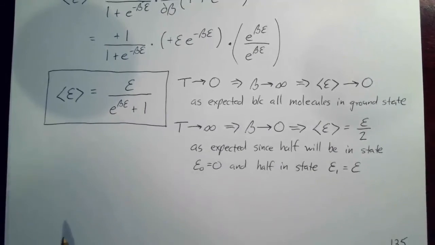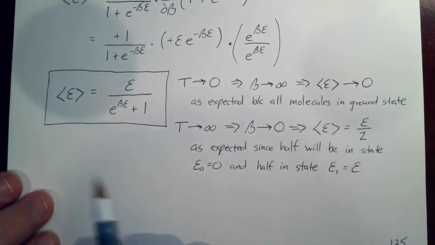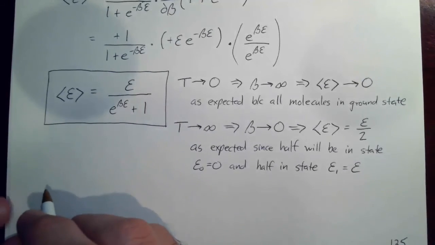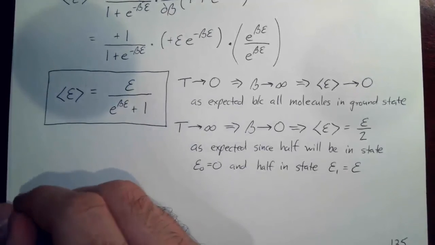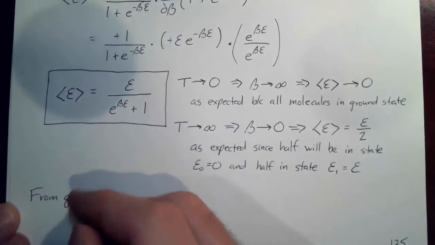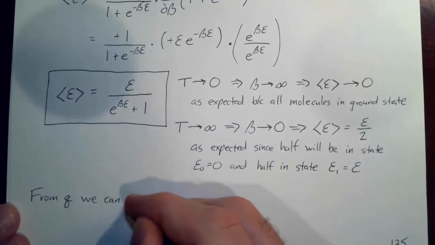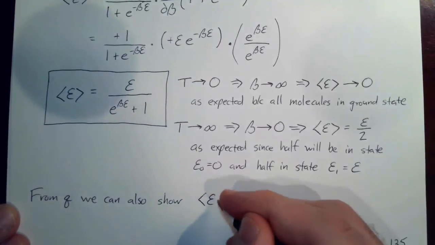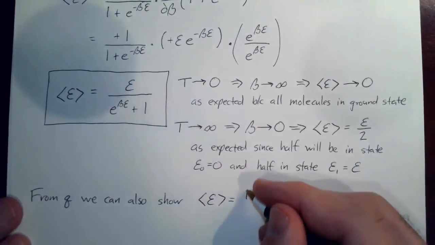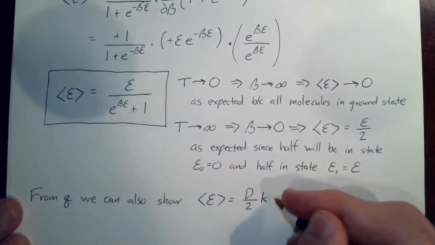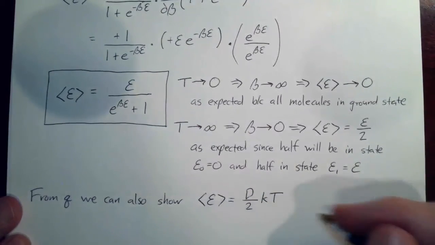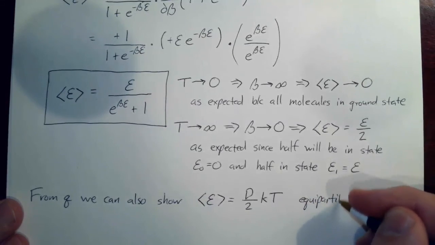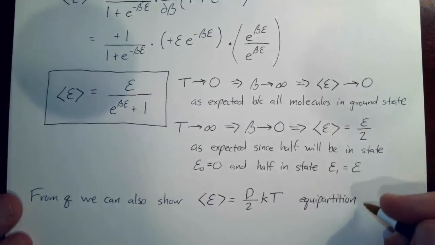Okay, so that's about all I'm going to do as far as calculating with the partition function for now. I'll just mention that starting from the partition function, we can also show that the average energy is equal to the degrees of freedom over 2 kT, which, remember, is the equipartition theorem, which we were utilizing back in chapter 2 or 3.